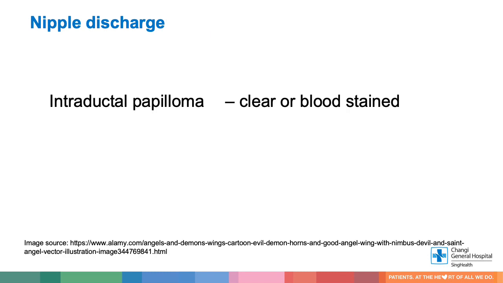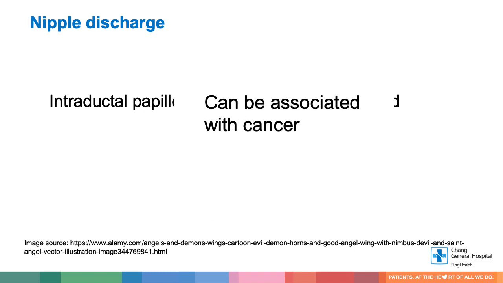Another cause of nipple discharge is known as intraductal papilloma. This is a benign growth that normally grows within the milk ducts, and the nipple discharge that results from an intraductal papilloma can either be clear or bloodstained. Intraductal papilloma can be associated with cancer.